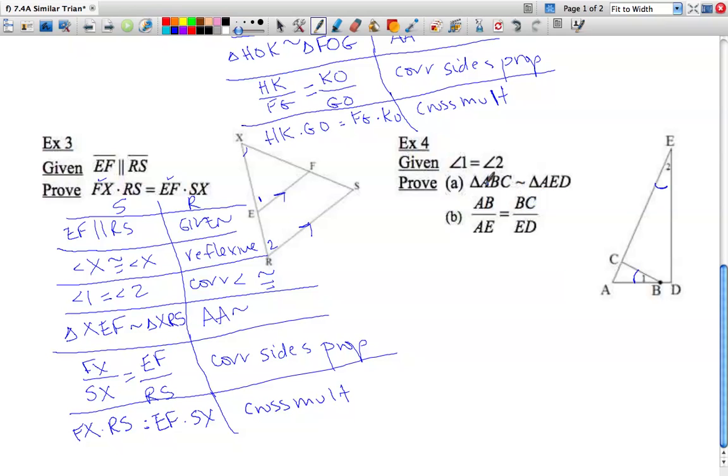Now that's pretty straightforward because that's just corresponding sides are proportional. Okay, so we have angle A and angle 2. Do you see another angle that's congruent to each other in the little one and the big one? Angle A. So by reflexive, we would say that angle A equals angle A, and then we could show those two triangles are similar.